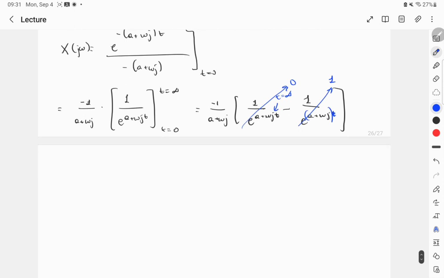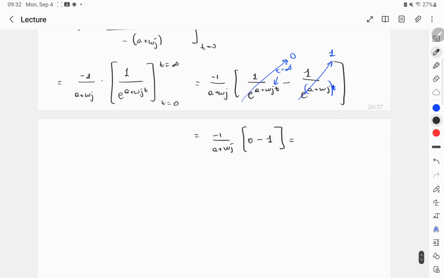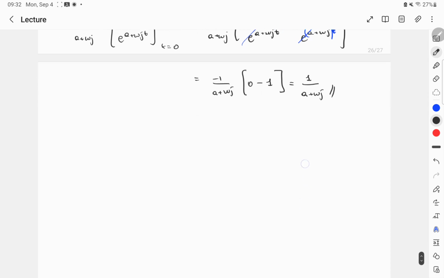Eventually, when we equate this, when we do this equation, we will take this result. And here is the end of this question.